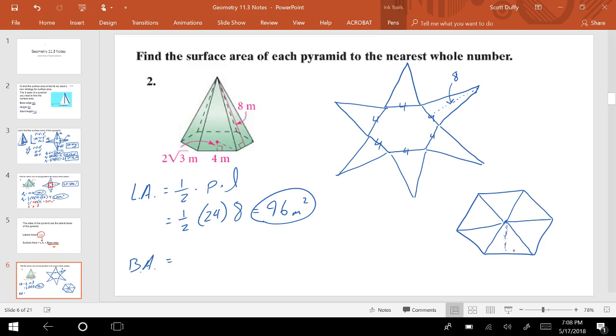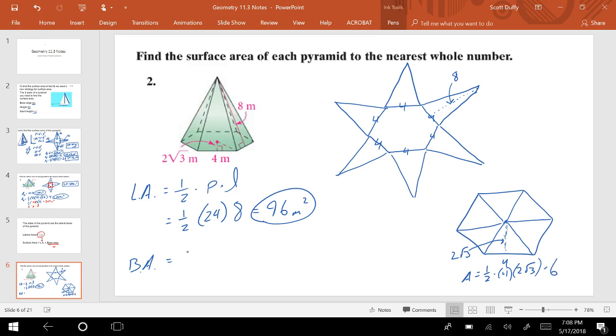Sure enough, they made it easy by giving us the base of 4 meters and a height of 2 times the square root of 3. So find this area. You take 1/2 times the base of 4 times the height of 2 times the square root of 3, and then you multiply that by however many triangles there are inside of that regular hexagon, which is 6.